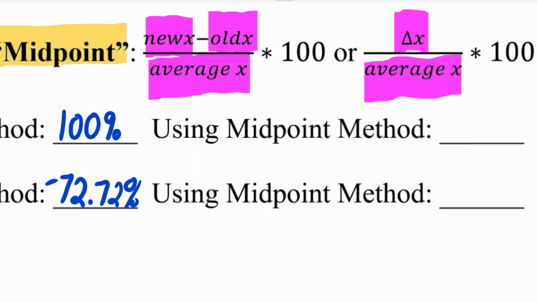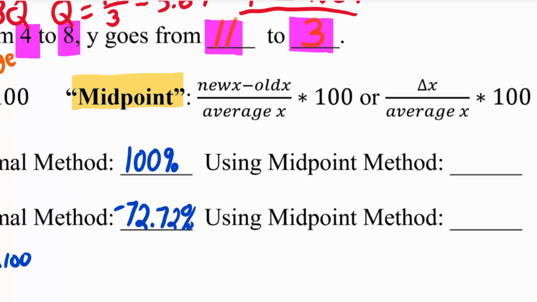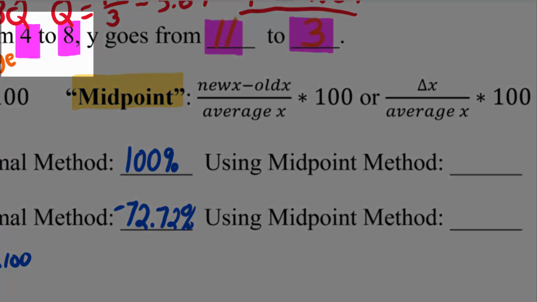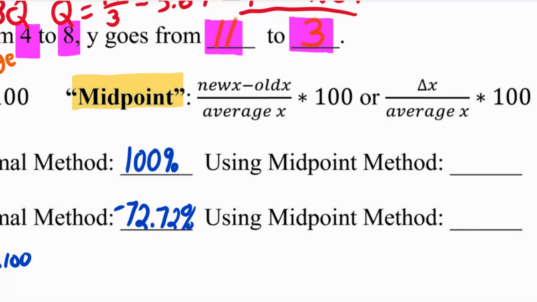So let's use this formula a couple of times and get a feel for how it works. So if we're looking at the percentage change in x, we're looking at x going from 4 to 8. The change in x is going to be 4. And on the bottom, we put the average of the two values. What's the average of 4 and 8? In other words, what number is exactly halfway in between?